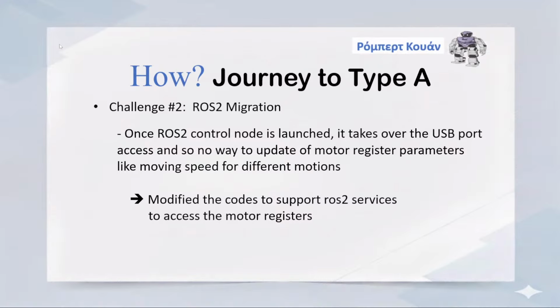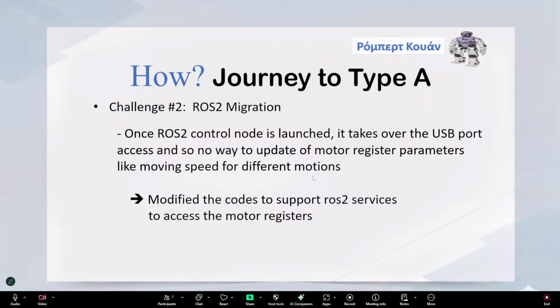Another thing I noticed during the ROS2 migration is that once the ROS2 control node is launched, it takes over the USB port access completely. So I would have no way to update any other motor register parameters, such as moving speed for different motions.